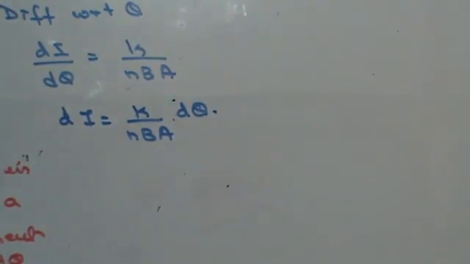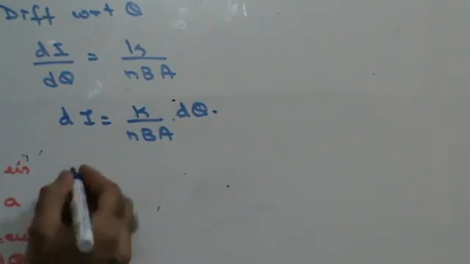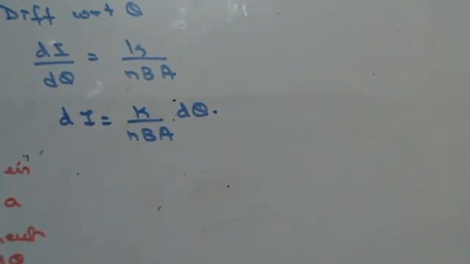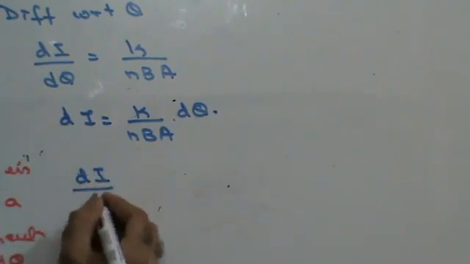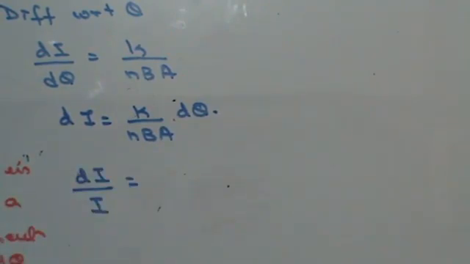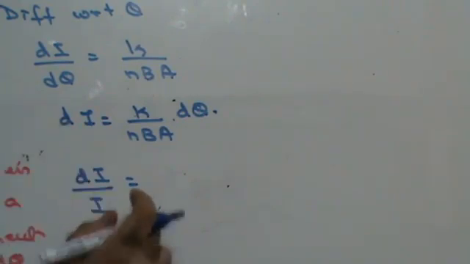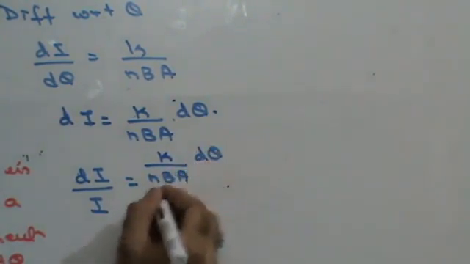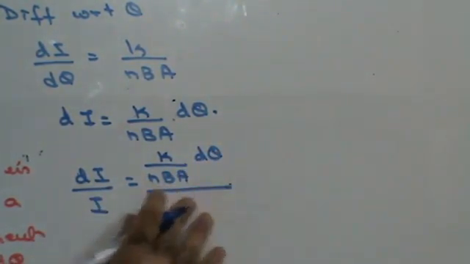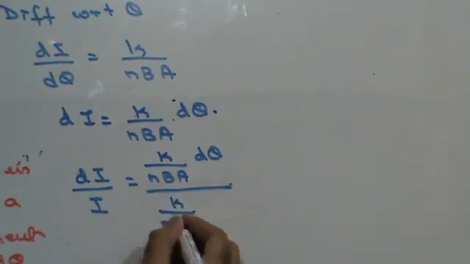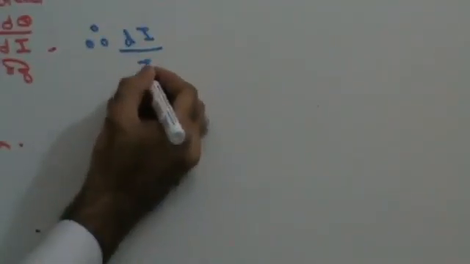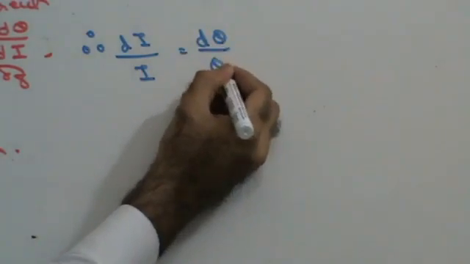Now divide this by I. Di upon I is K upon NBA into d theta upon I, and I is K upon NBA into theta. Therefore, di upon I is nothing but d theta upon theta.